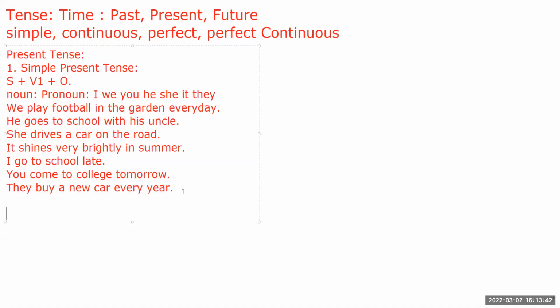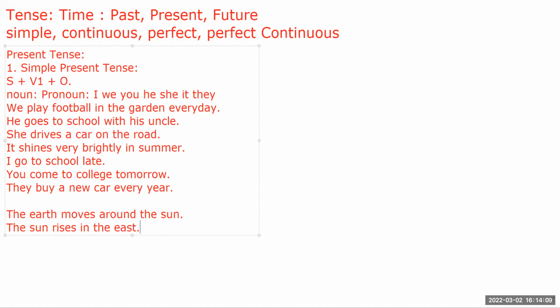For example, a common example is like this: the earth moves round the sun. Okay. Or you might have got the popular example like this: the sun rises in the east.